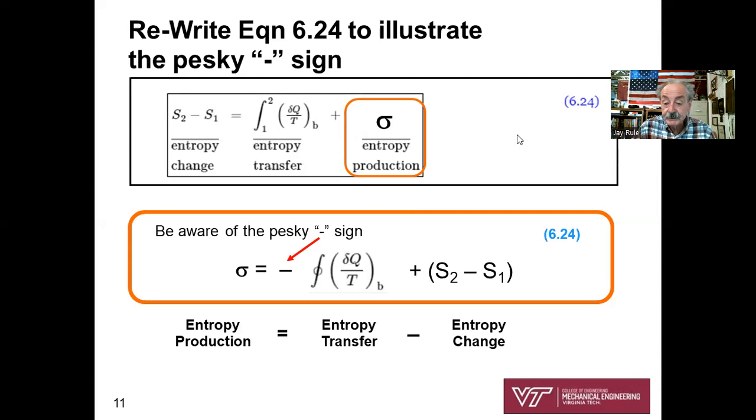Okay, so I'm simply taking 6.24 and rearranging it to solve for sigma on the left side. You can see that S2 minus S1 is going to go to the right-hand side, and also we're going to have a minus sign associated with the integral. So it's simply doing the algebra to solve equation 6.24 for sigma.